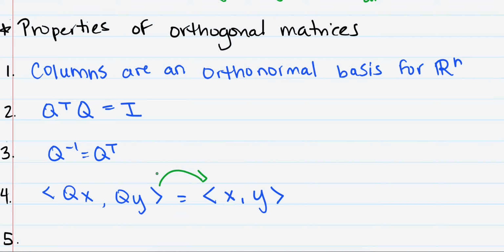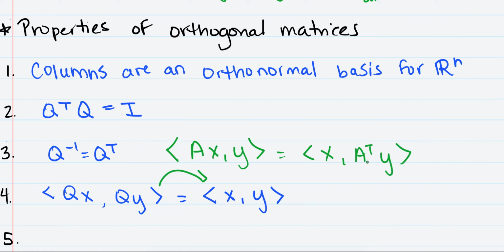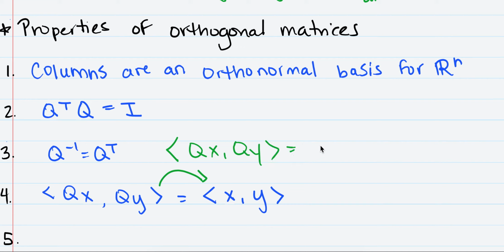If you remember back in the day, we said that if we have a matrix here, moving it is equal to putting the transpose on this side. So Qx with Qy is equal to x with Q transpose Q y, but this is just the identity, so that's how I get this piece here.